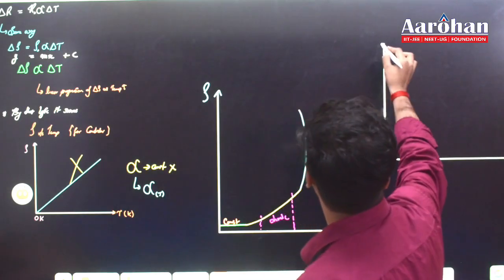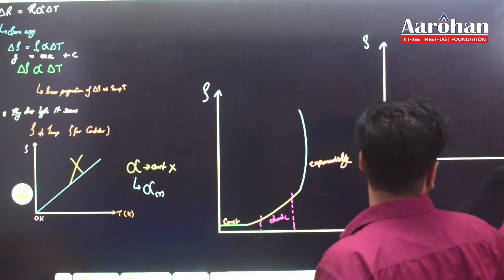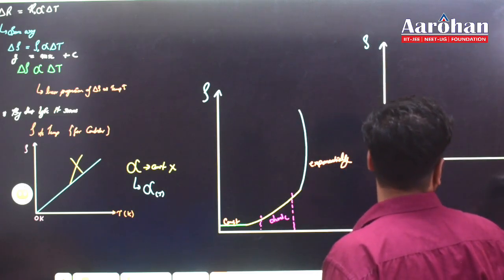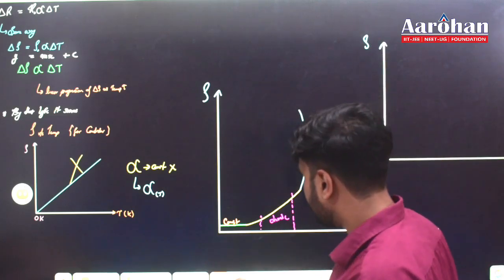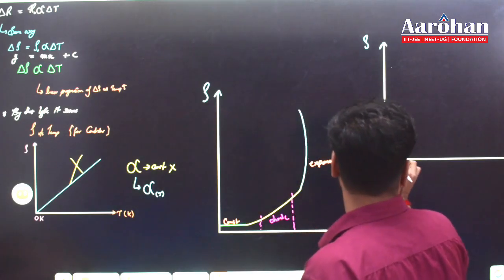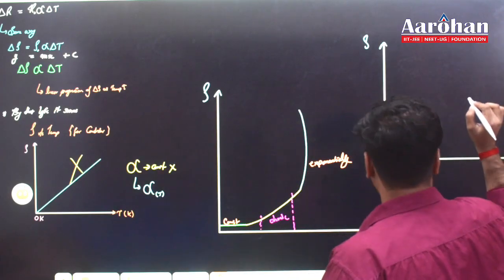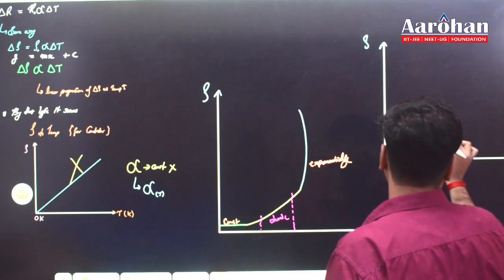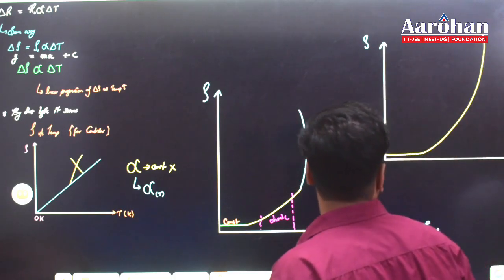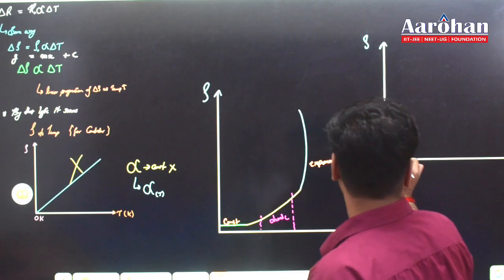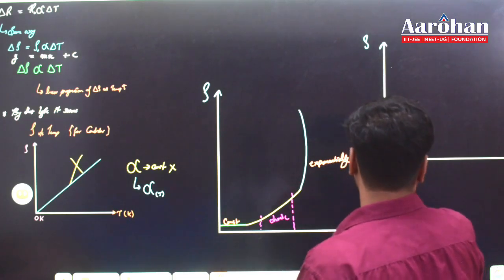So again, this is your resistivity, this is your temperature, again it is in Kelvin. The graph is going to look like this. In starting constant, then it increases linearly, then exponentially. This is your graph.